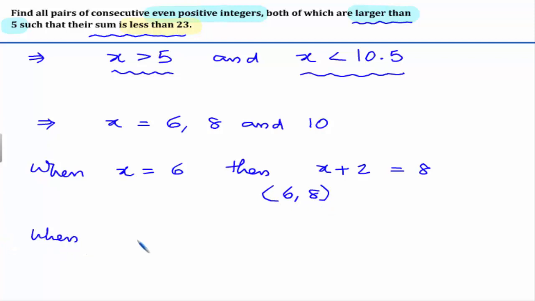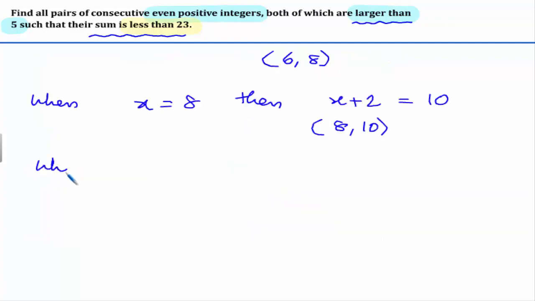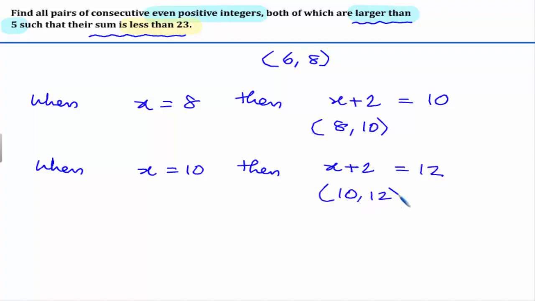When x is 8, then the other number, x plus 2, is 10. That means the next pair is 8, 10. And the third one is when x is 10, then the other number will be 12. So the third pair is 10, 12.